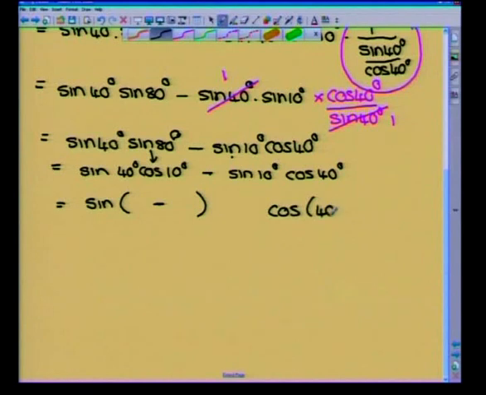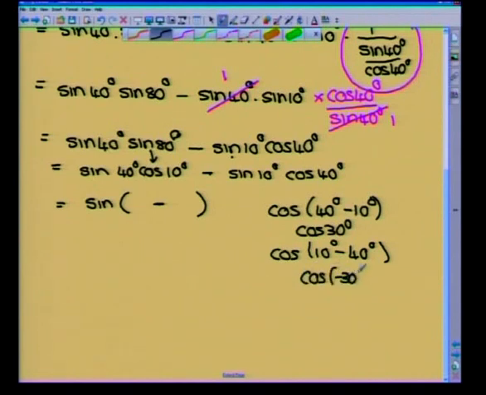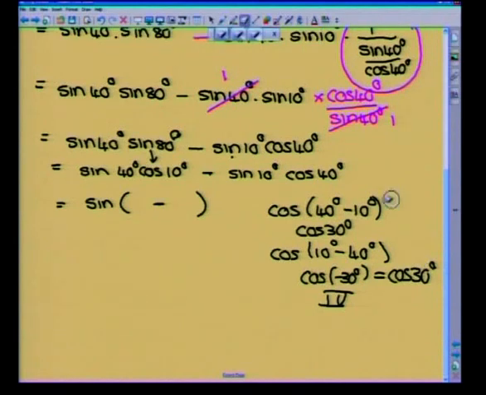Well, if I go cos 40 minus 10, or I go cos 10 minus 40, this gives me the cos of 30, and this gives me the cos of minus 30. And of course, it's in the 4th quadrant, and what do we know about cos there? It's positive. So that would be equivalent to that. So just to clarify that so that you don't get confused later, the cos one is absolutely not a problem. The sine one is, so just be aware of that and be careful.